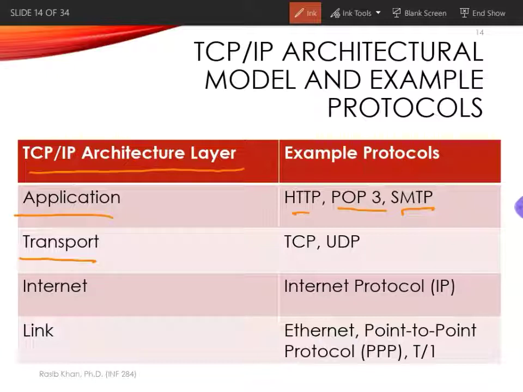The transport layer protocols for TCP/IP, the most common ones, are TCP and UDP. UDP is faster, but it does not guarantee that each packet will be delivered to the recipient.